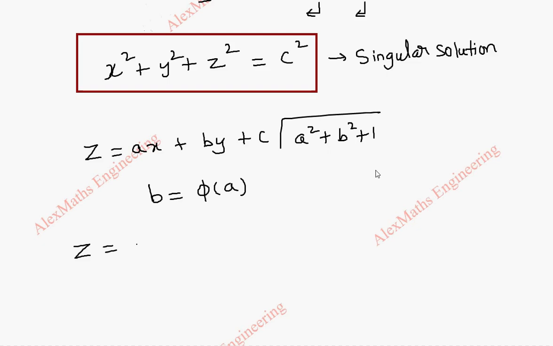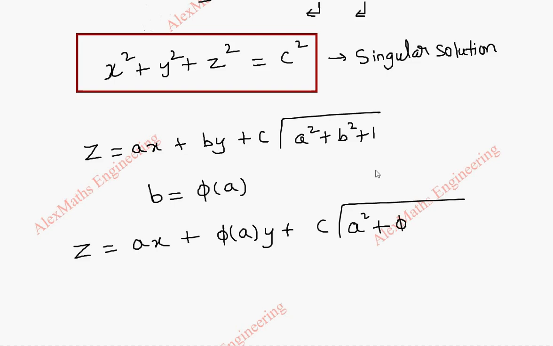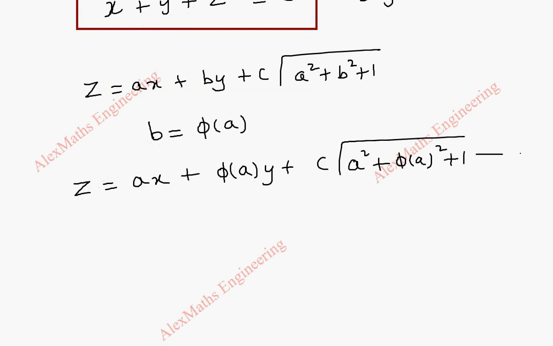So our z will be ax plus phi of a into y plus c root a square plus phi of a whole square plus 1. Let's keep this as our second expression, and we are going to differentiate this second expression partially with respect to a.